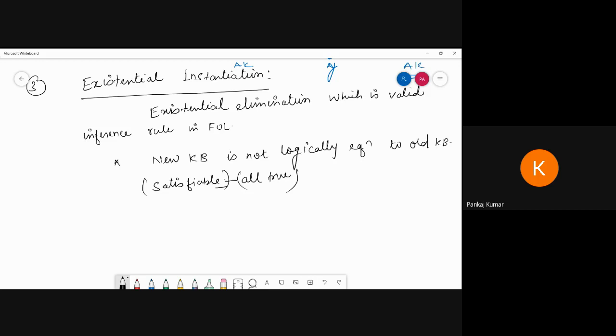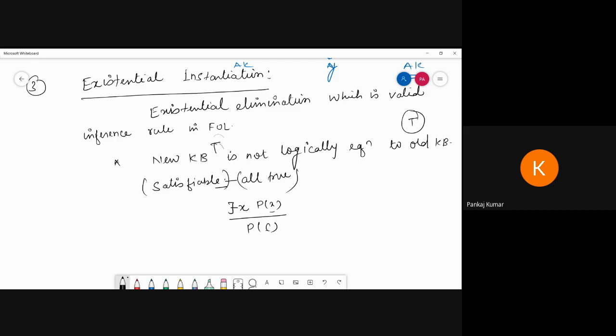That is the meaning of that. So we can represent it as: there exists some x, and we derive one constant c. That means we have to eliminate some x with the help of that c.